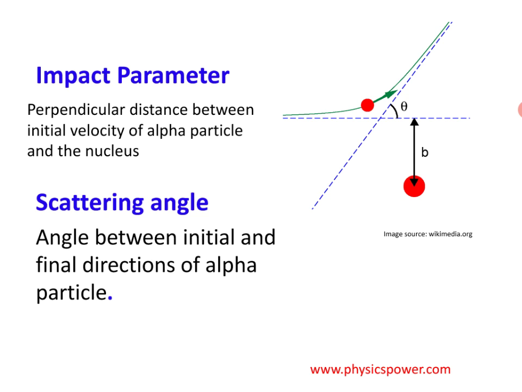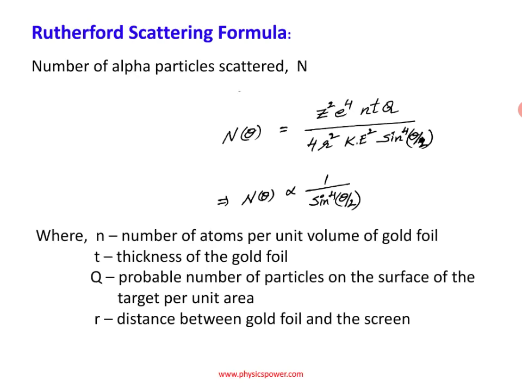And one more thing we should know is the scattering angle. We project the alpha particle towards the target, the gold foil, but finally it went in another direction. The angle between the initial direction and the final direction of the alpha particle we call the scattering angle. Like that he introduced one physical quantity, scattering angle, for this concept.